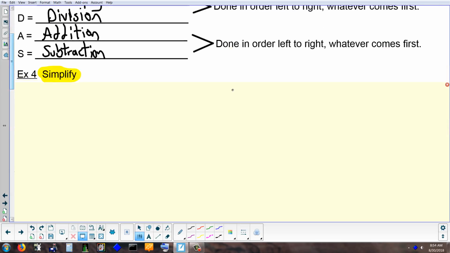So now, simplify. What were some of the directions we've had so far? We had the example, then it told us what to do next to it. What was one term we've had so far in the directions? Evaluate, right? Nicole, what's evaluate mean?